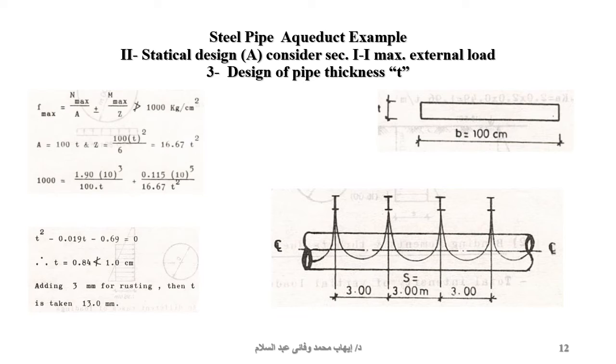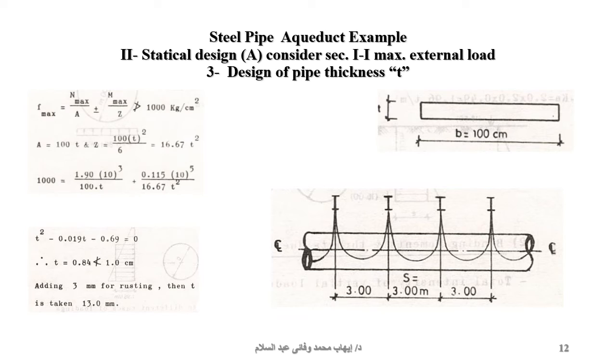Complete design for pipe. There is F maximum equal normal over A plus or minus M maximum over Z, not more than 1000 kilogram over square centimeter. We have area.